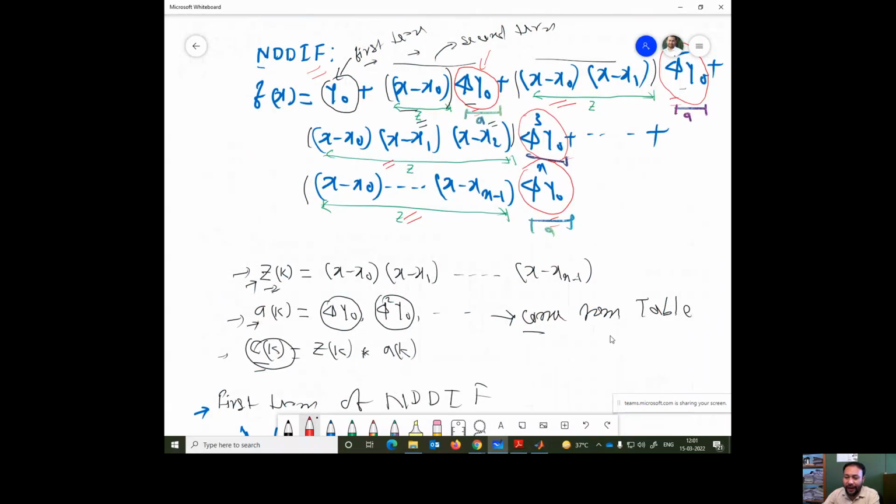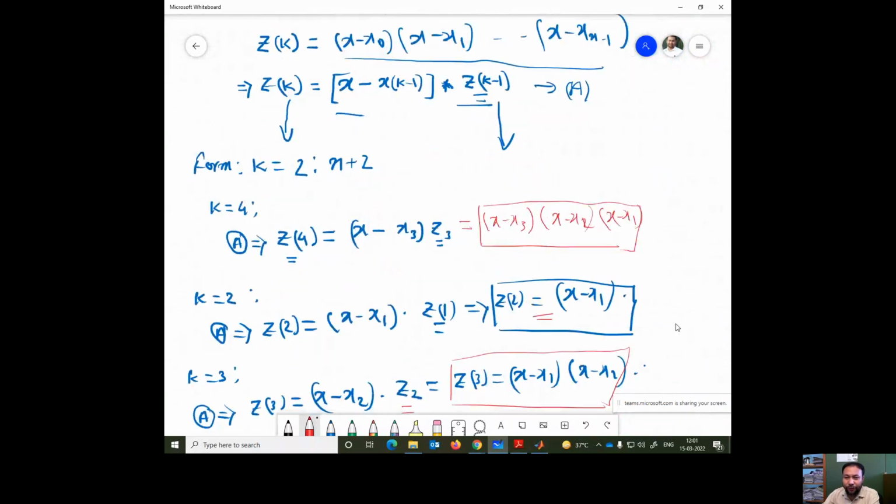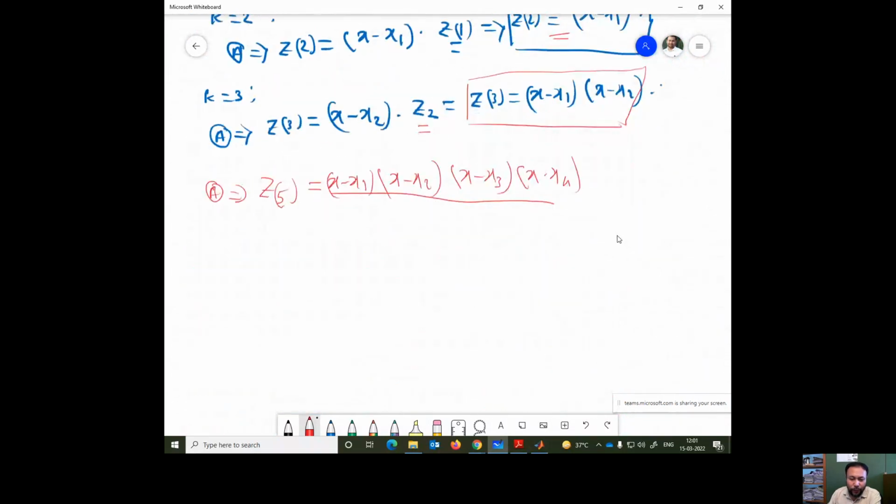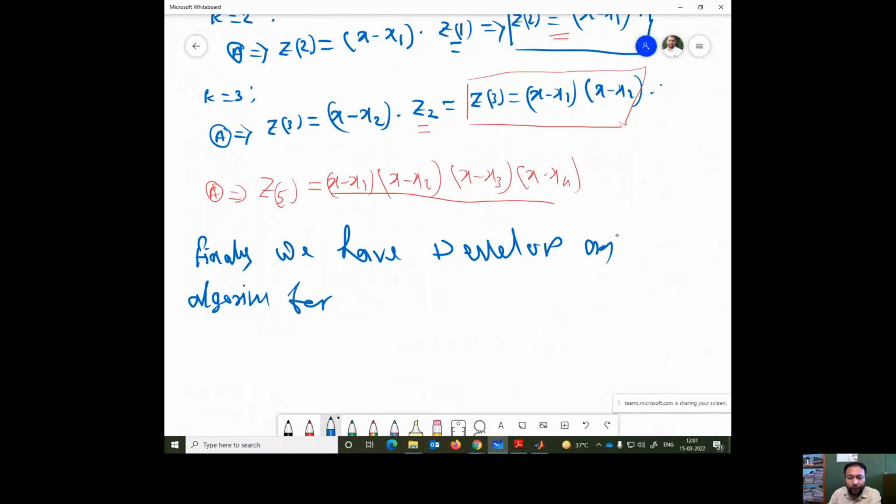So finally, we have developed an algorithm for Zk. We have developed an algorithm for Zk.